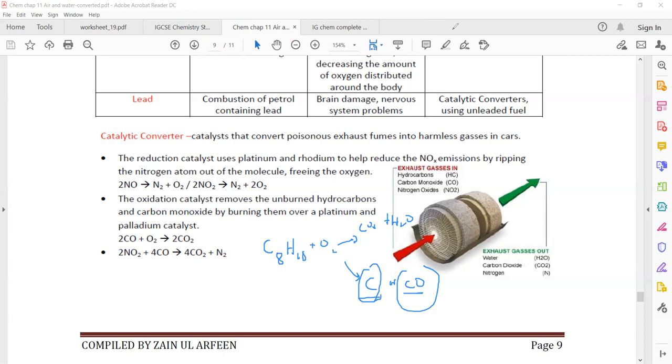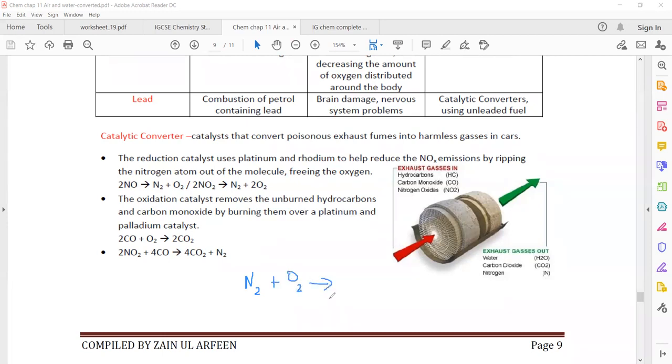The car also releases oxides of nitrogen. So how do oxides of nitrogen form? The fuel does not contain nitrogen, but the engine is taking in air, and air contains nitrogen and oxygen. Due to the high temperature and the presence of the spark, a reaction between nitrogen and oxygen occurs and it forms nitrogen monoxide.